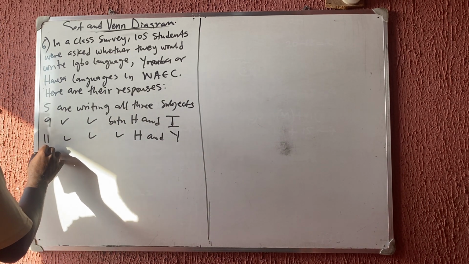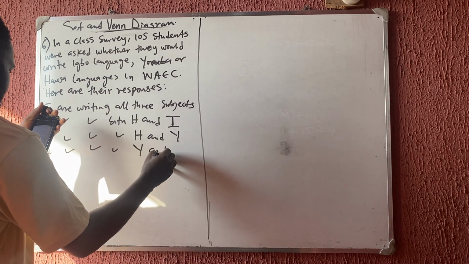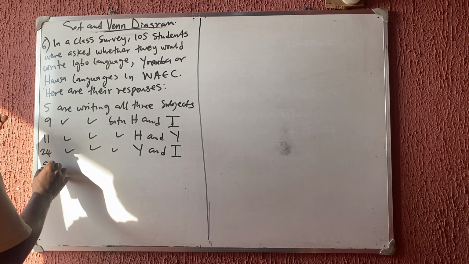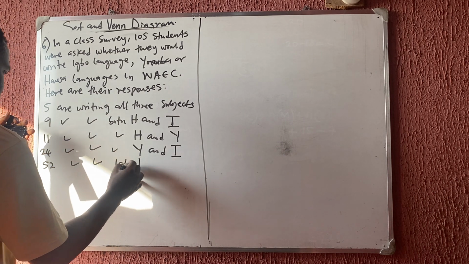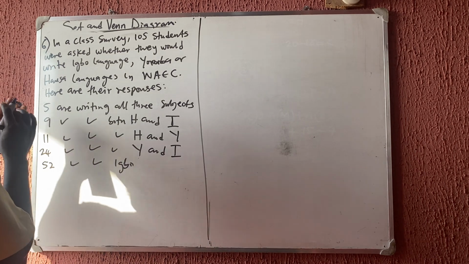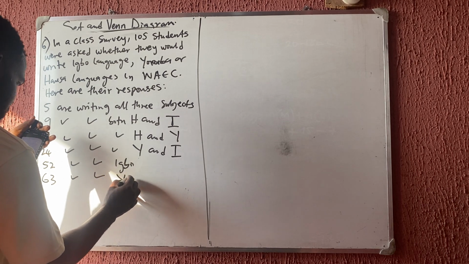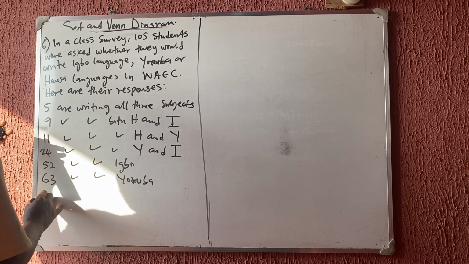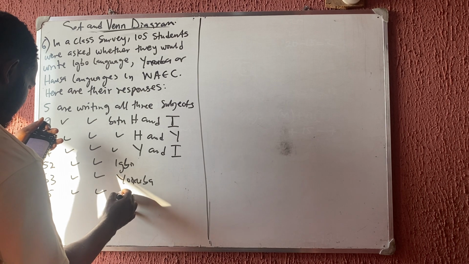The next one, 24 are writing both Yoruba and Igbo. Okay. Then 52 are writing Igbo. Then 63 are writing Yoruba. Then finally 25 are writing Hausa.